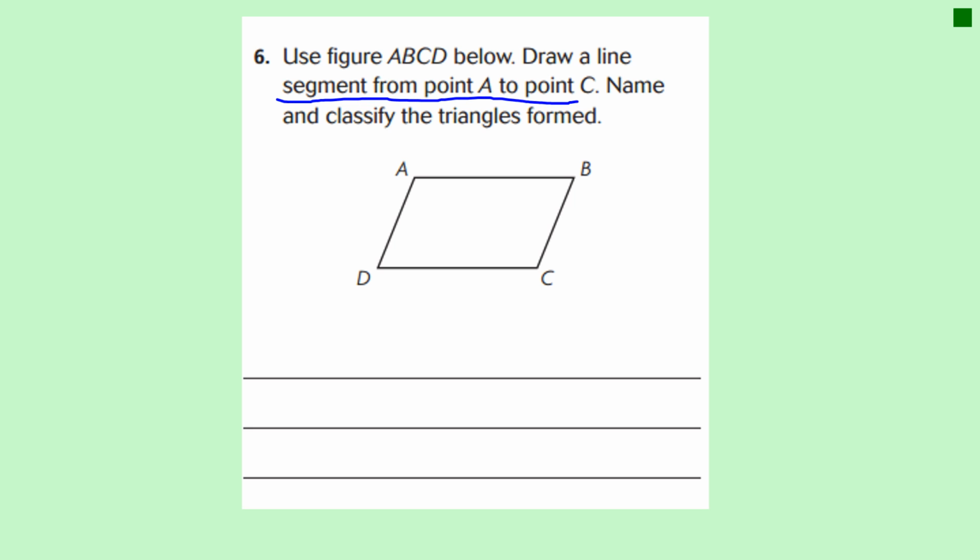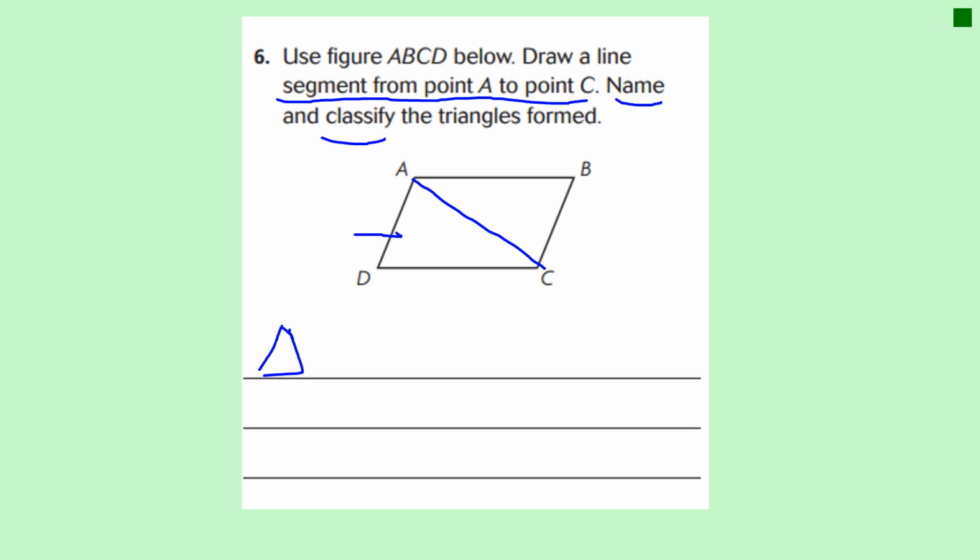Draw a line segment from A to C. So A to C. All right. Now it says name and classify the triangles formed. Oh, so we have to do two things, name and classify.